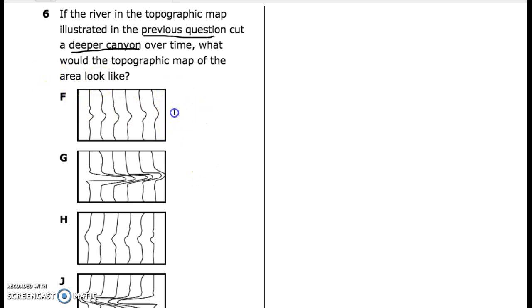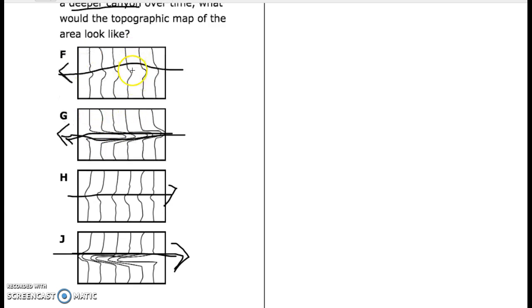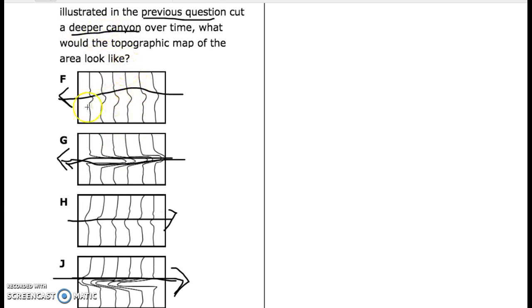So I want to check and make sure which way all of these pictures are running. So F and G, the rivers are both running towards the left. In H and J, my rivers are both running towards the right. So my only possible answers are F and G. Now if I want a deeper canyon, the only answer possible is G because the lines are closer together.